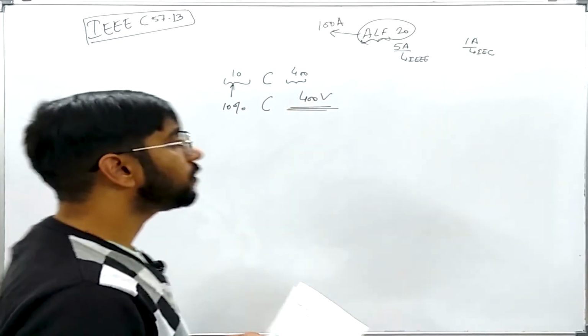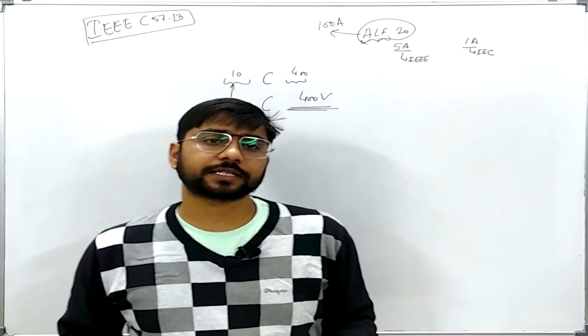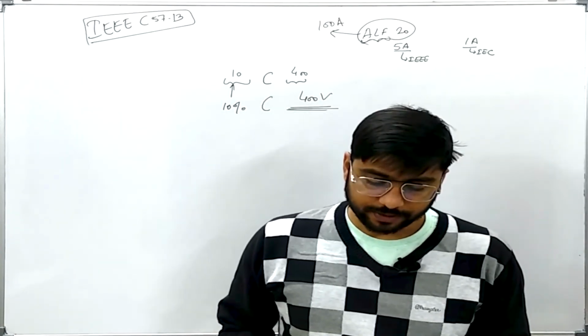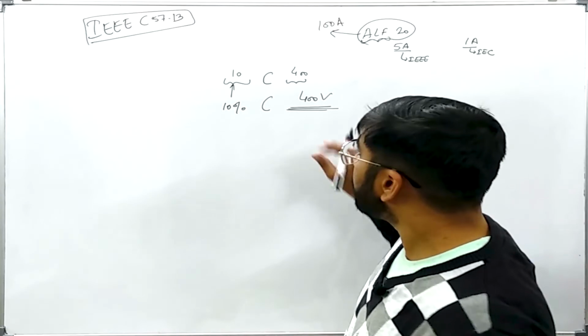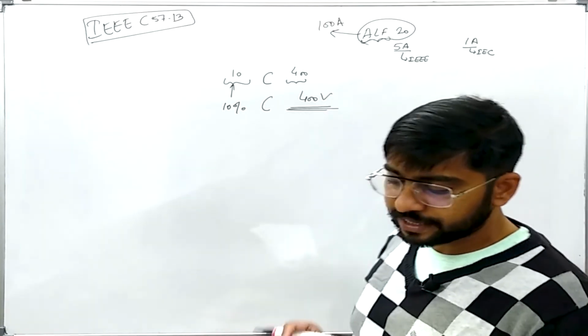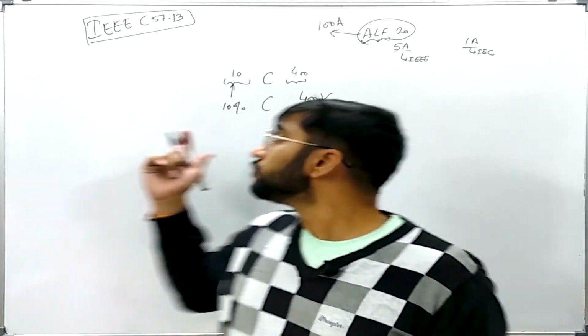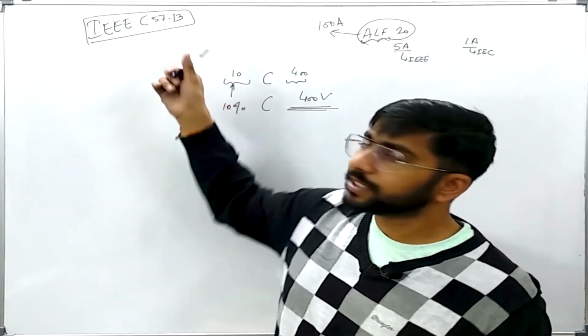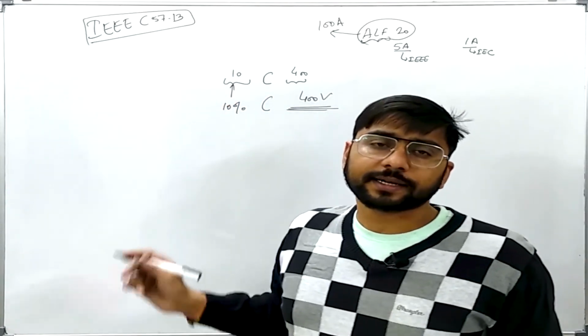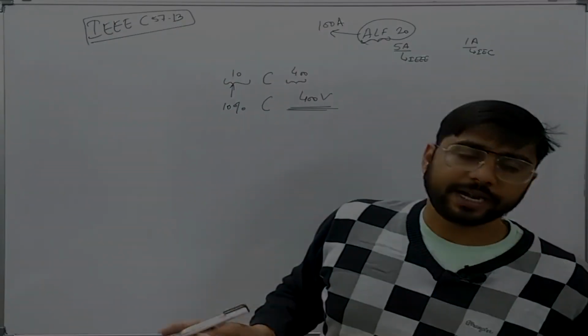Okay, so the classification of CTs in IEEE is very easy. So let us solve a numerical example to understand this concept of nomenclature of CTs according to IEEE. Let us see that numerical example in the next slide.